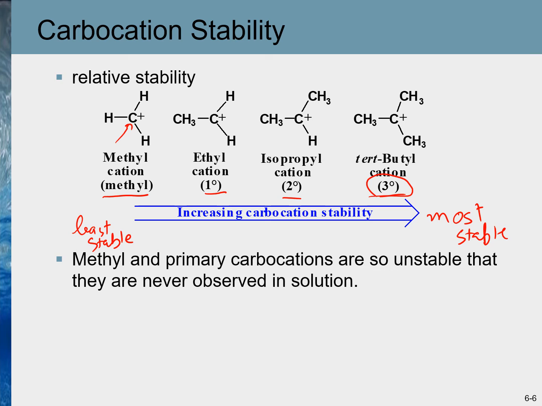And the order of carbocation stability is shown here. So secondary is second in stability, and primary carbocation is third in stability, and methyl carbocation is the least stable. In fact, methyl and primary carbocations are so unstable that they are never observed in solution because their lifespan is extremely short.